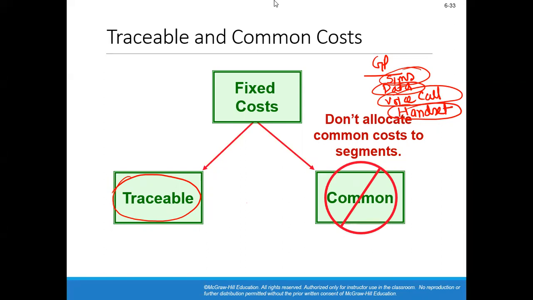Stop the segment. Any other response? Analytical, continue to the point, contribution margins are positive.